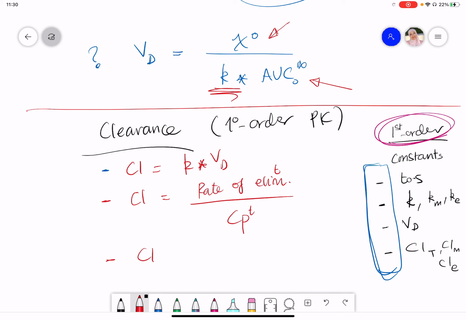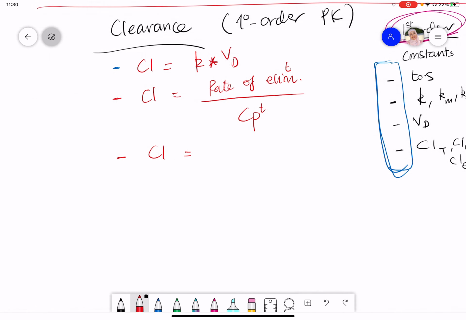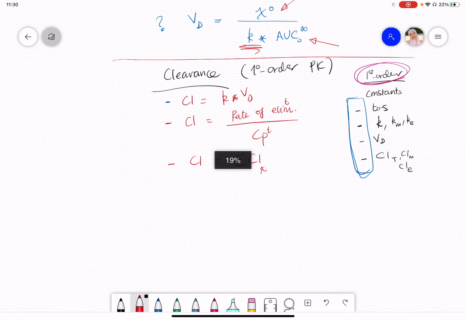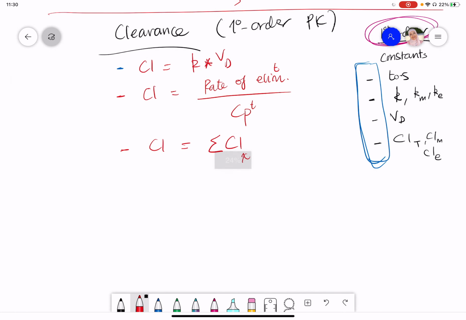We have total clearance, which equals the sum of all the clearances we have, metabolic or excretion. And we have total clearance equal to the amount over the total area under the curve. We will stop here at this point, and we will continue in our next class.